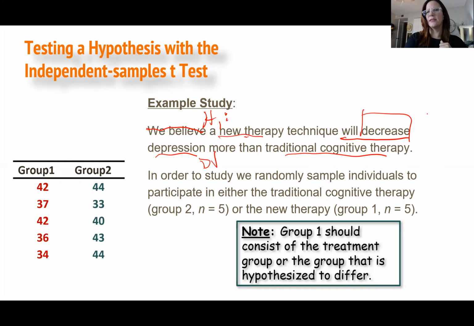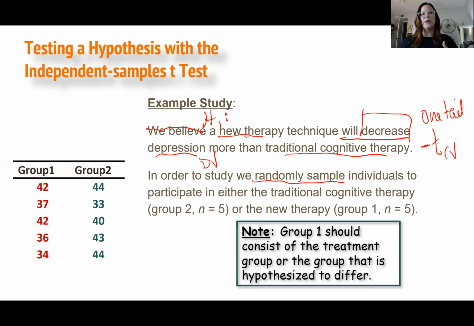So that's suggesting one tail, right? And it'll be a negative t critical value that we'll be looking at. So in order to study, we randomly sample individuals to participate in either the traditional therapy or the new therapy. Right there, that random sample, that's a key phrase, because if I ask you, did we meet the assumption for random sampling, you can say, yes, we did, because it was stated.